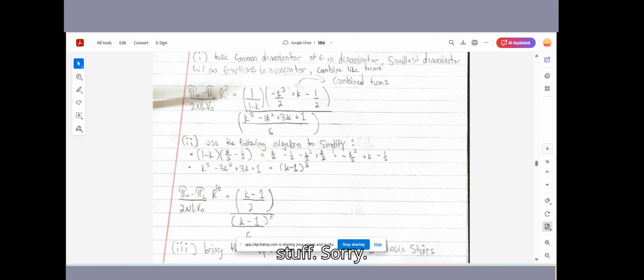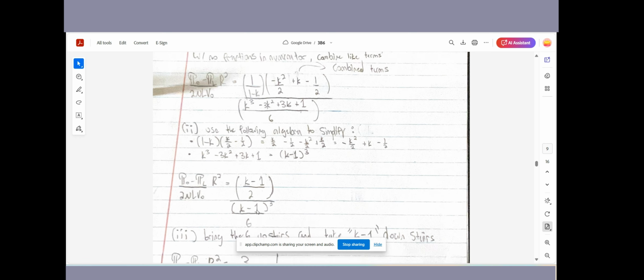So this equals that, and that lets you separate those terms into this, and this equals negative this. That's just factoring stuff. Sorry. Oh yeah, so 1 minus k, this cancels with that, so that's where that term goes.